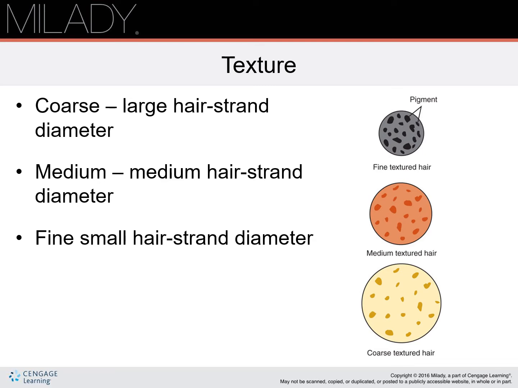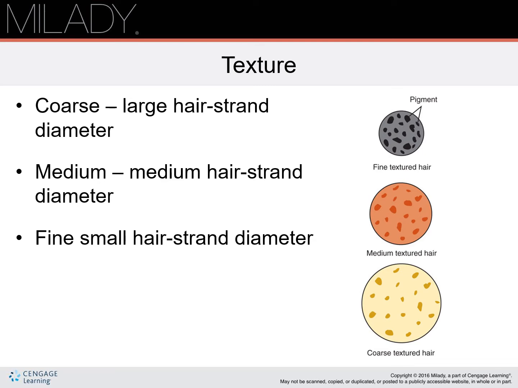Okay, so let's talk about texture. Texture, again, the definition as you learned in chapter 11, is the diameter of an individual hair strand. Melanin is distributed differently according to texture. Your three different textures are coarse, medium, and fine. Coarse hair has a very large diameter, and you see this down here on the slide, guys.